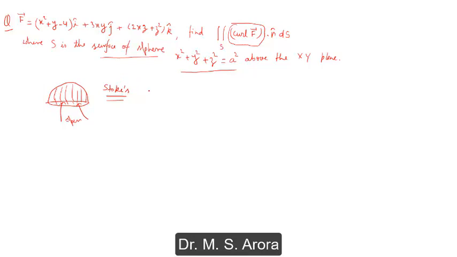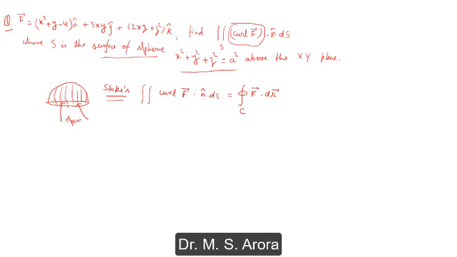What does Stokes theorem state? According to Stokes theorem, the surface integral of curl f dot n dS, where S is not a closed surface, it is an open surface, is actually the line integral of f dot dr over C. What is C here?